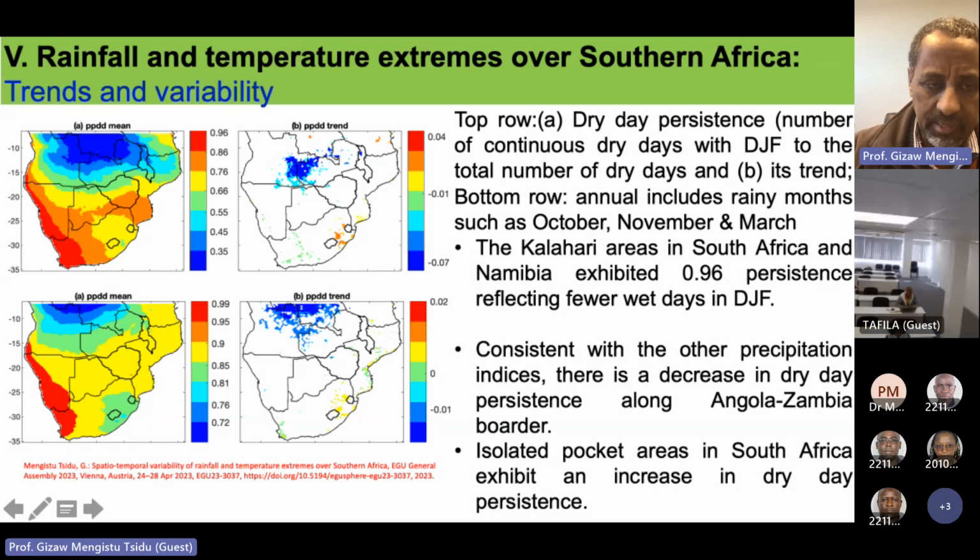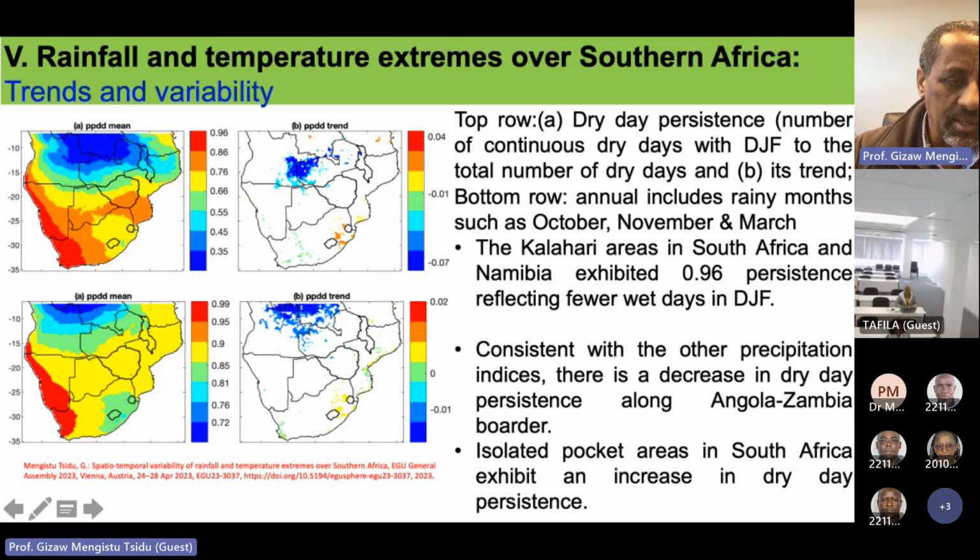If it's 0.5, half of the season out of 90 days in a season, about 45 days are continuously dry. That's what it means. So here, that's not the case over the northern part, but naturally, as you can see, it also can be perfectly used for aridity.